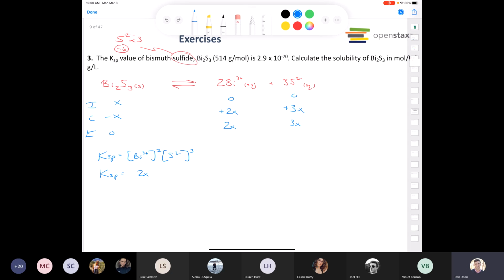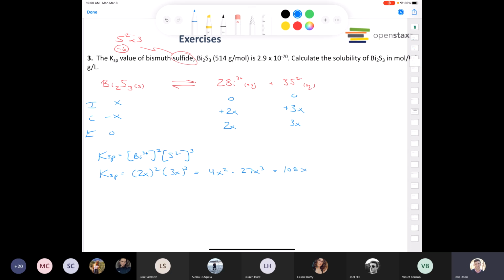And so we can say that our KSP is equal to 2x, which is the concentration of our bismuth, squared, times 3x to the power of 3. If you take 2 and you square it, you get 4x squared times, what's 3 times 3 times 3? 3 times 3 is 9, times 3 is 27, so 27x cubed. 4 times 27 is 108, so that's 108 x to the power of what?